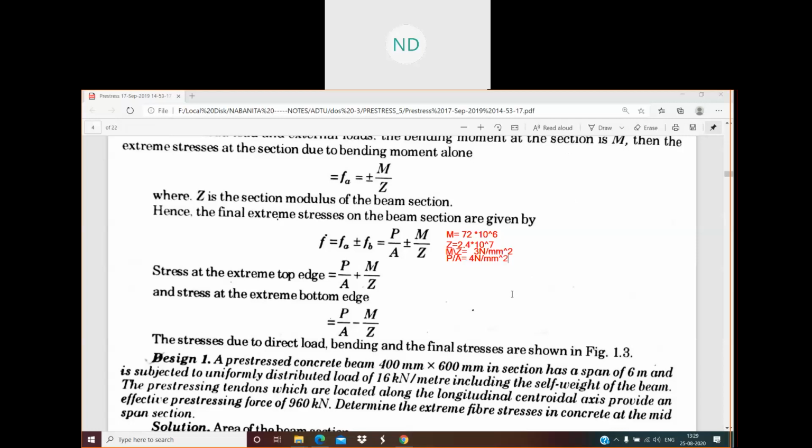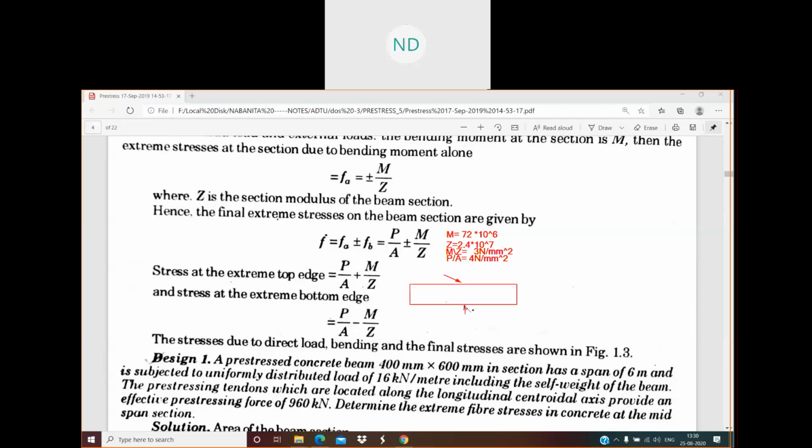So now once we have calculated our direct stress P by A and the stress due to the moment M by Z, we can calculate the extreme top stress, that means at the top, and the stress at the bottom also.